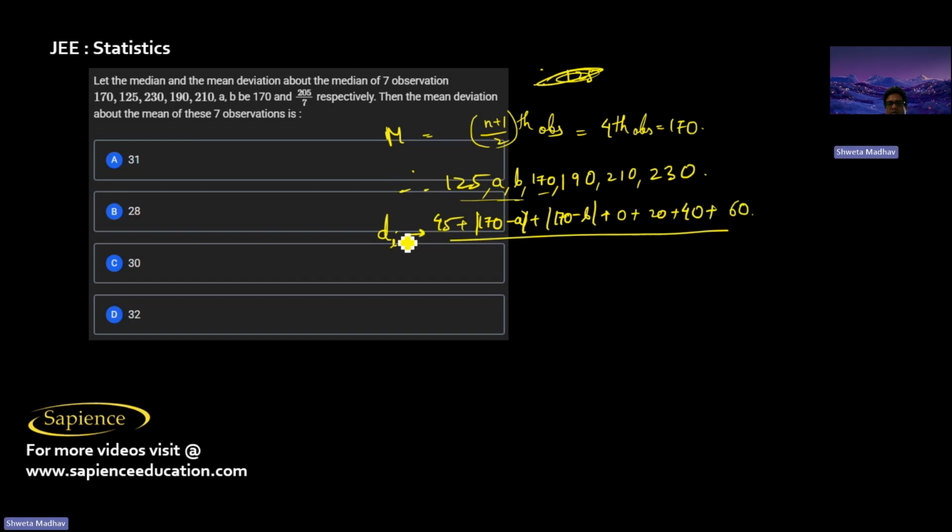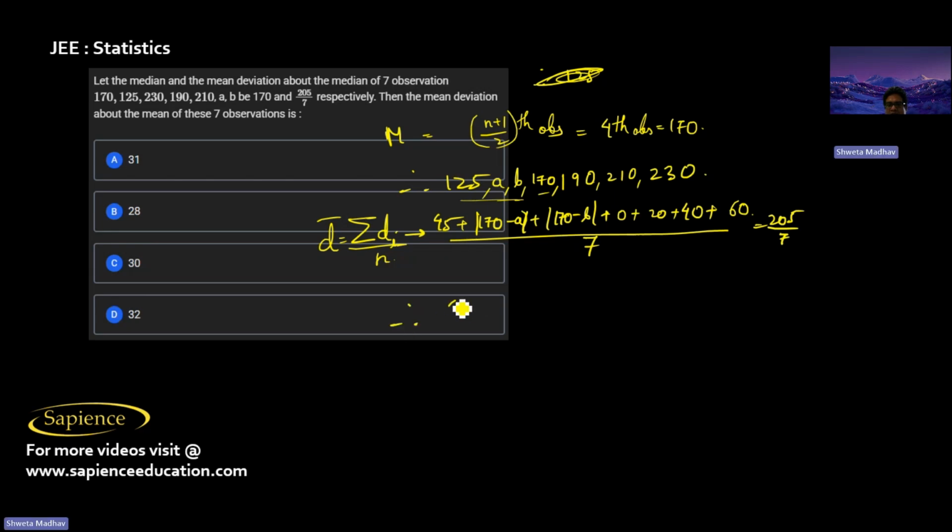Divided by 7, the mean deviation about the median, and that is given as 205 by 7. So therefore, I can say this 45 plus this 20 plus 40, that is 60.